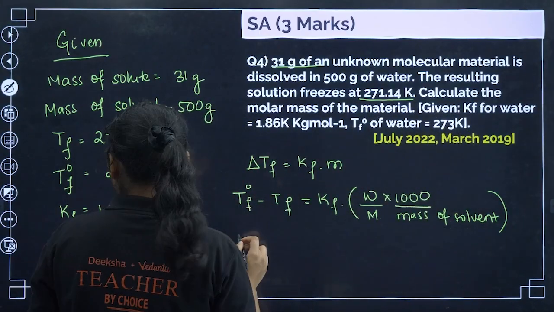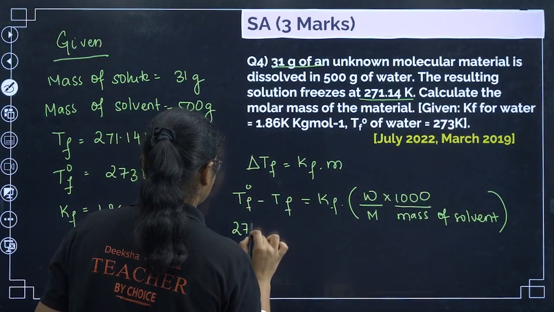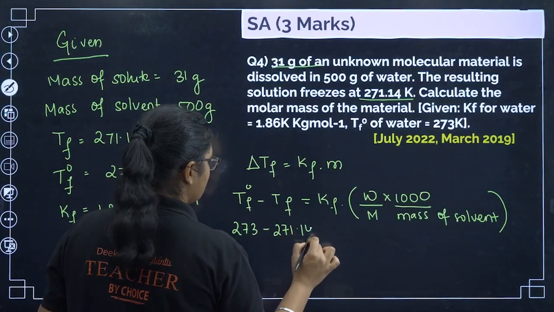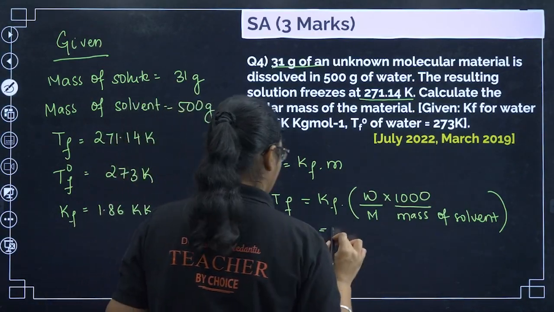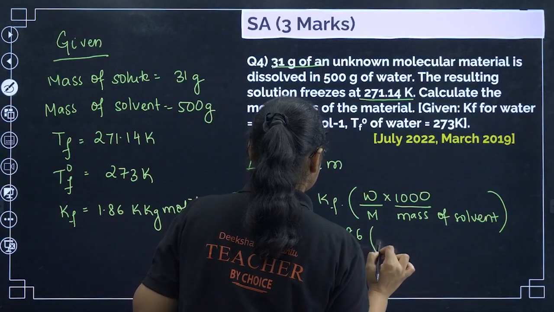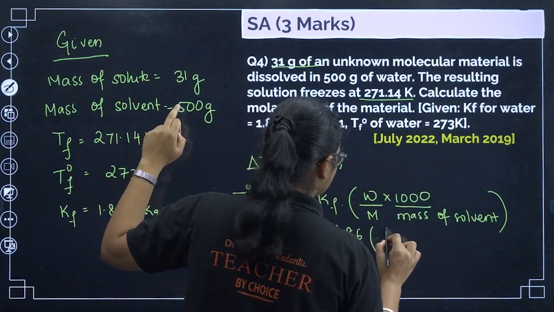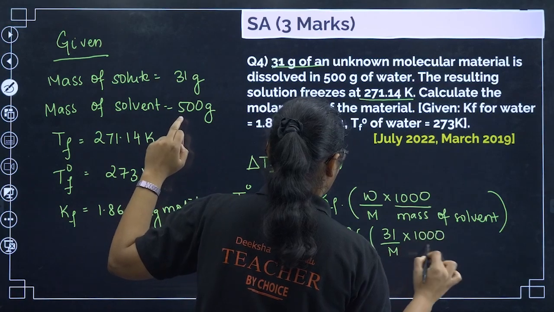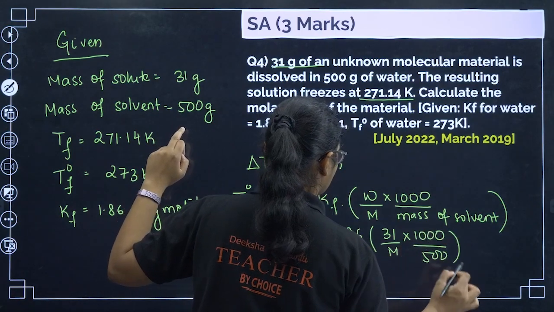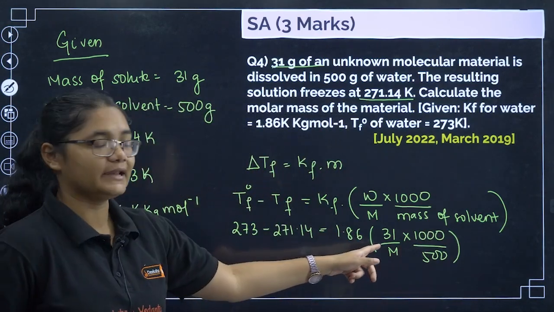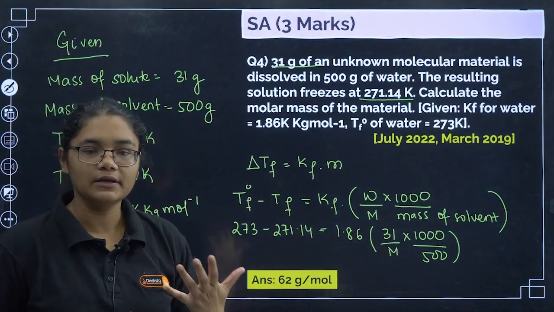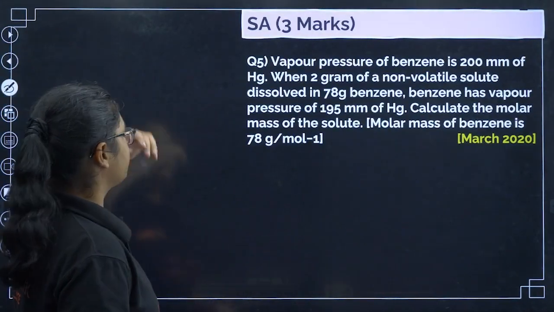Now here I have 273 minus 271.14, equal to Kf 1.86 into W, which is 31, by M into 1000 by 500. Now if I solve this, I'll get the value of M. So what will be the value? 62 gram per mole. Okay, moving to the fifth question.